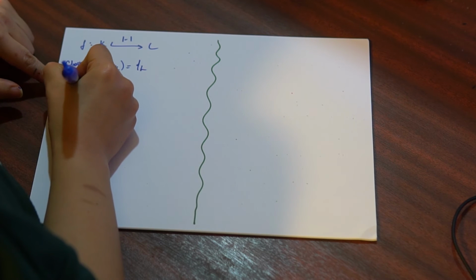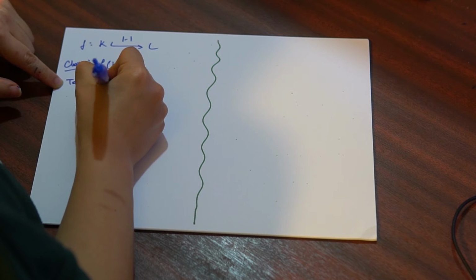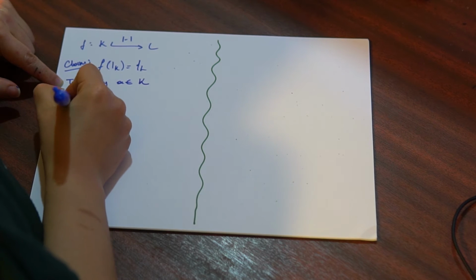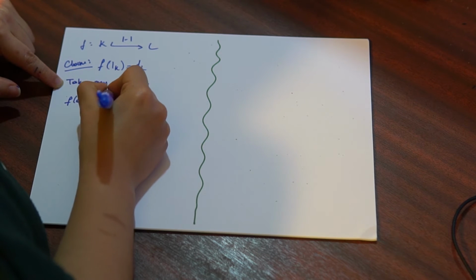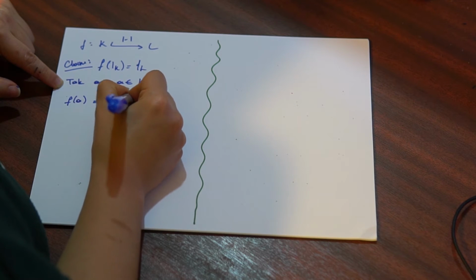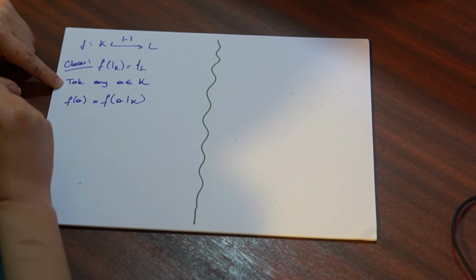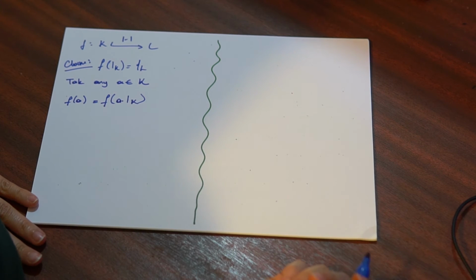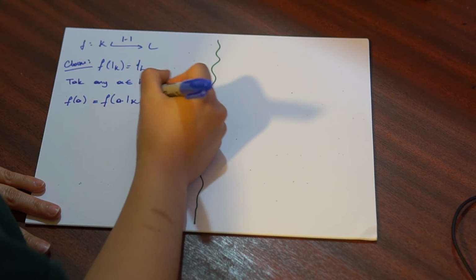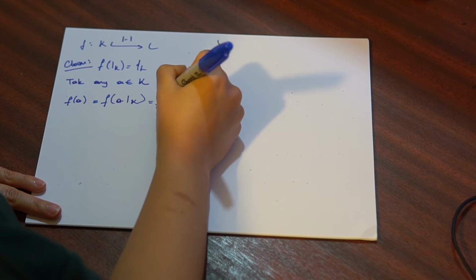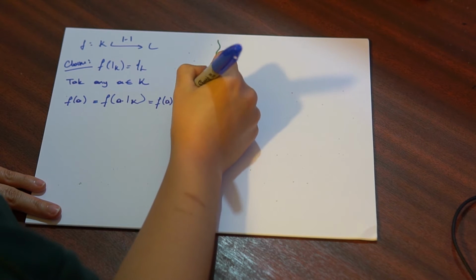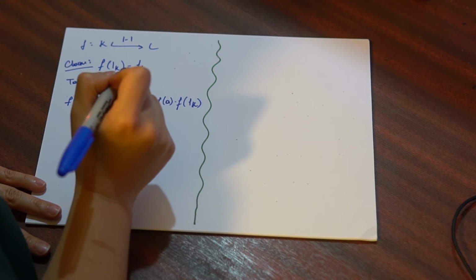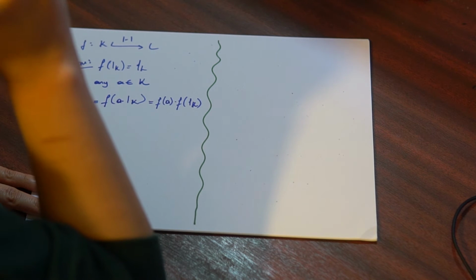Take any a in K. f of a is equal to f of a times 1_K, right? Since 1_K is the identity element of K, this is equal to f of a times f of 1_K, since this map is a field morphism.